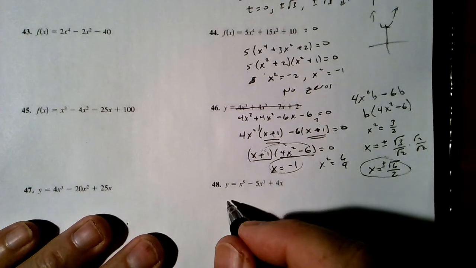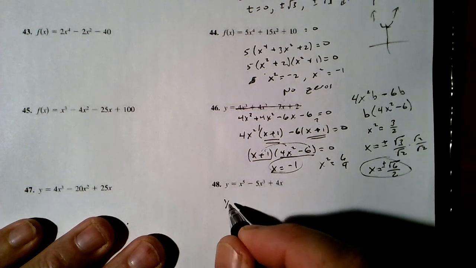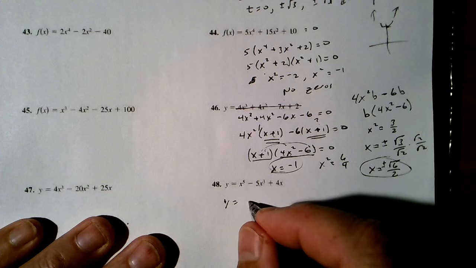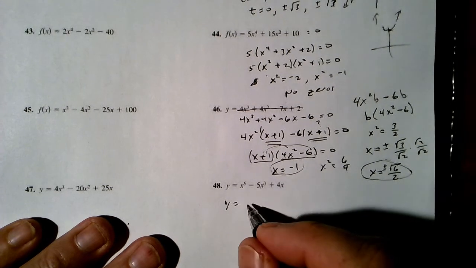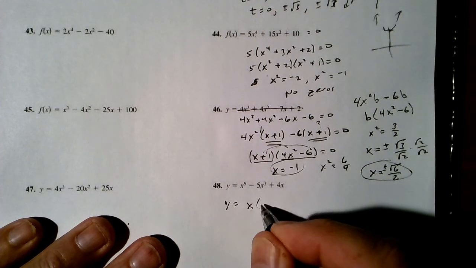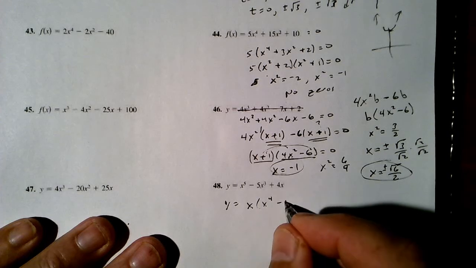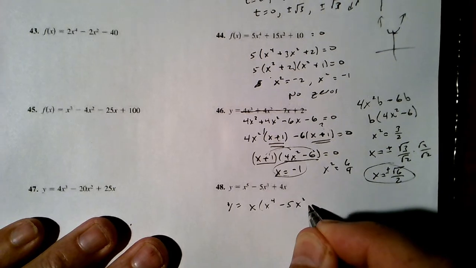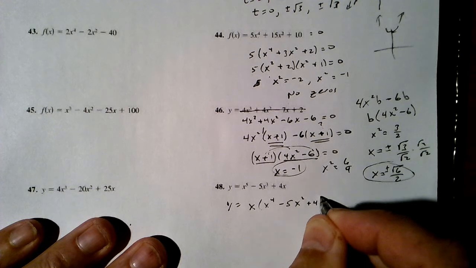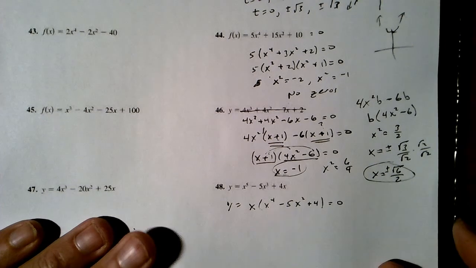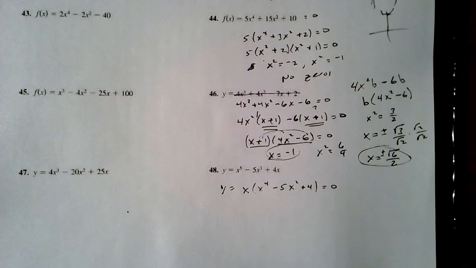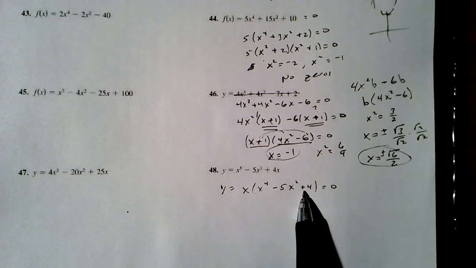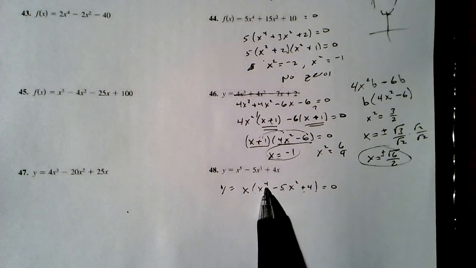And finally 48, y equals, factor out a y, or an x, excuse me. I get x times x to the 4th minus 5x squared plus 4. Set that equal to 0. And is this quadratic? It's not quadratic on x, but it is quadratic on x squared.